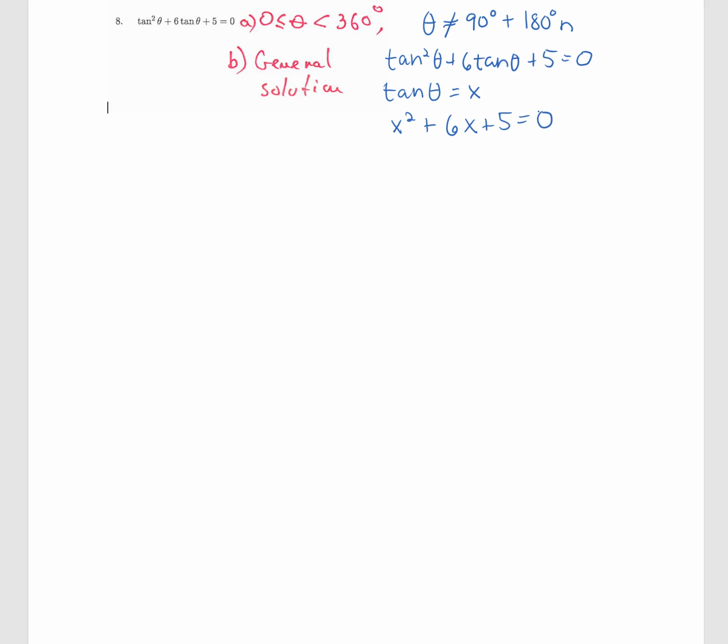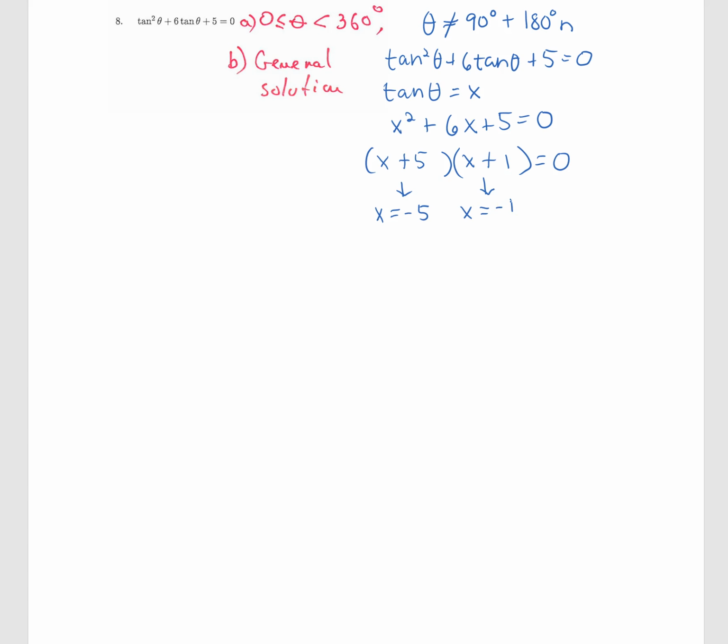Now I want to factor this, and I need two numbers that multiply to positive 5 and add to positive 6. That's going to be positive 5 and positive 1. So my two solutions are x equals negative 5 and x equals negative 1.